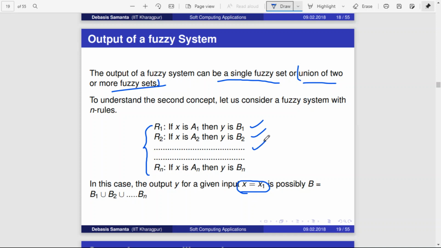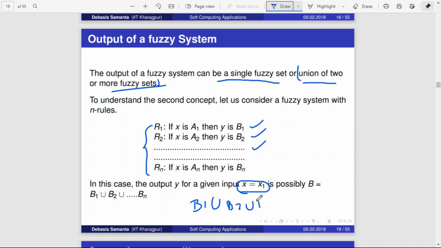In that case, this particular value of X is satisfying three rules, so you have to take B1 union B2 union B3.